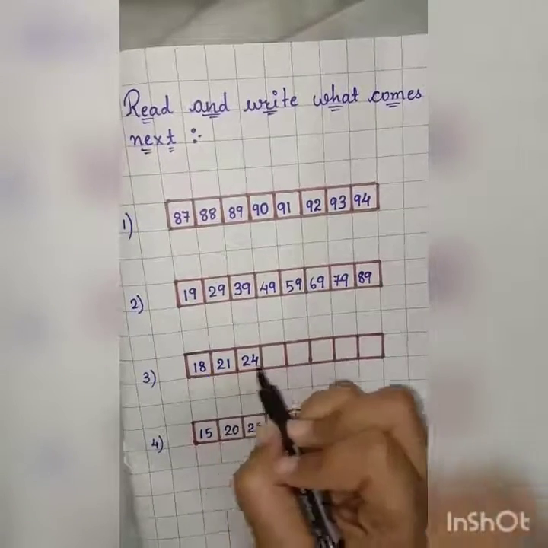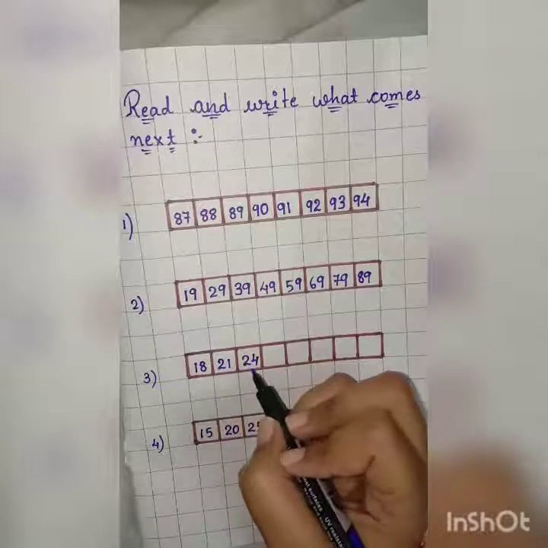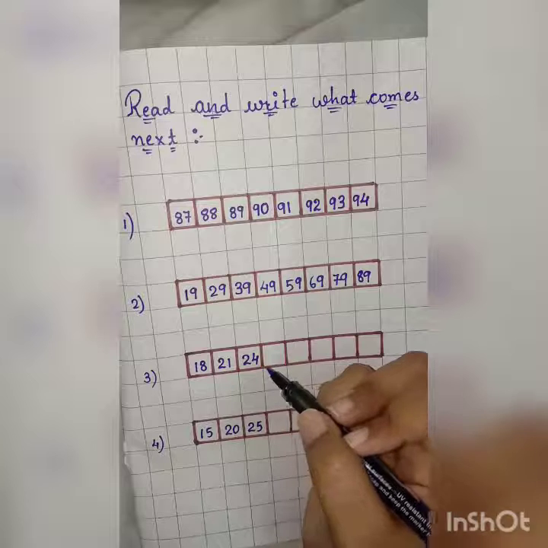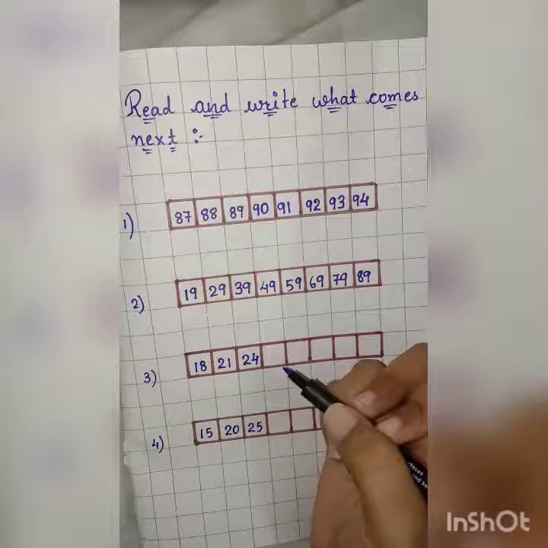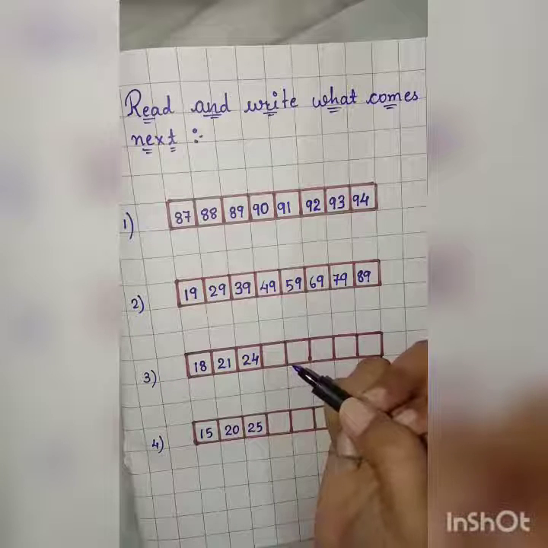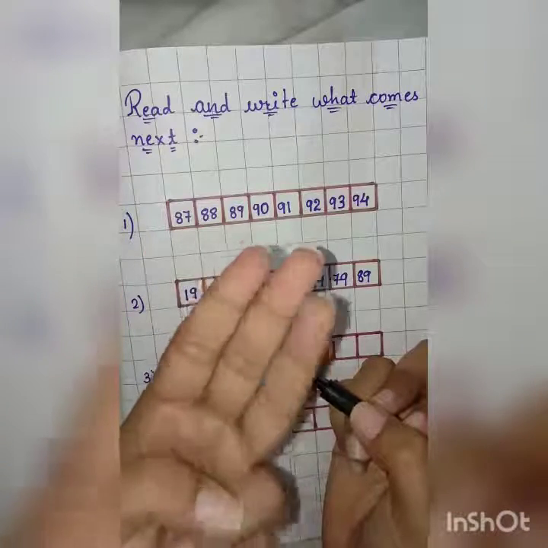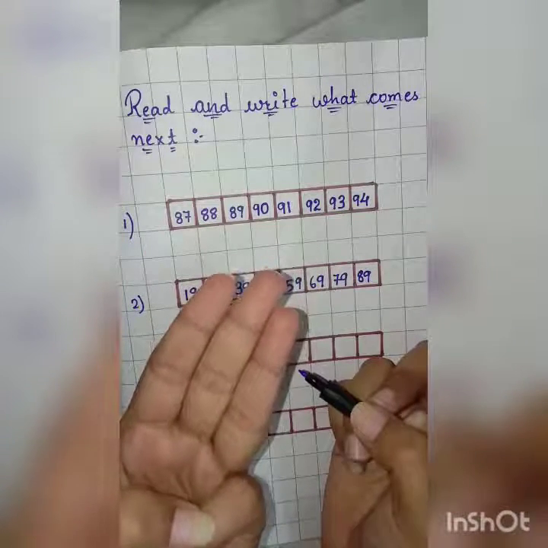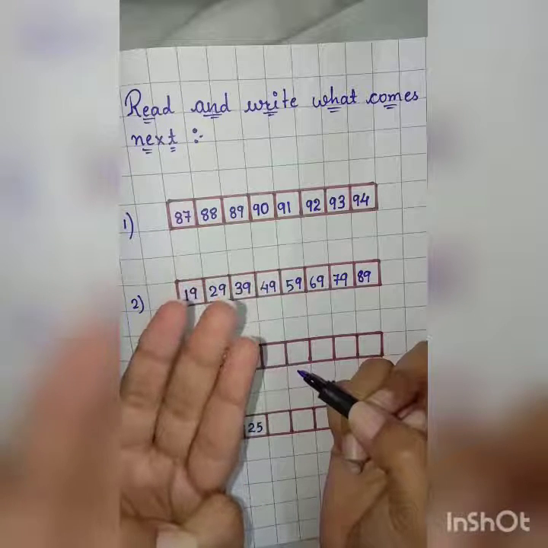Now the third example, 18, 21, 24. Here also, first of all, we will find the total numbers from 18 to 21 and those are 19, 20, 21. That means here we have the gap of 3 numbers.